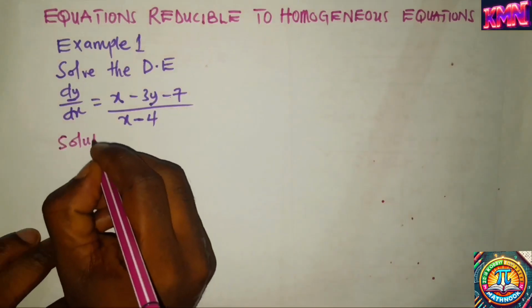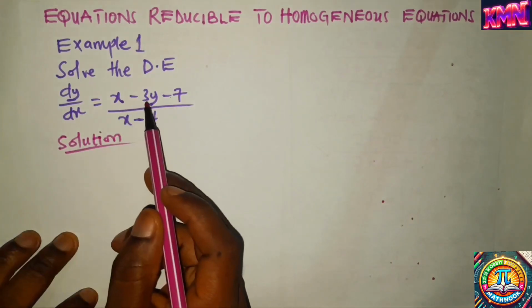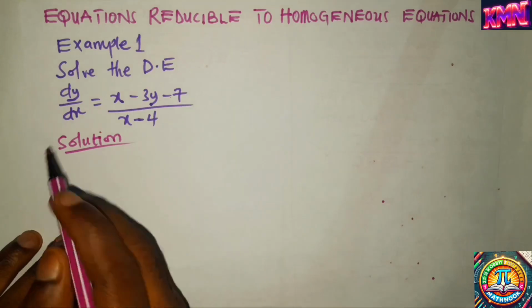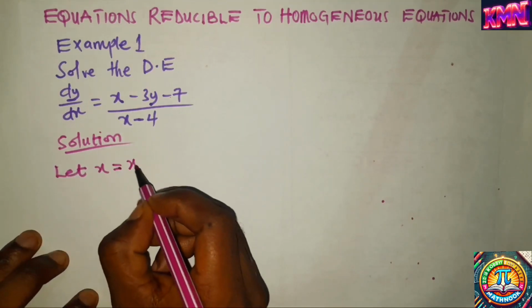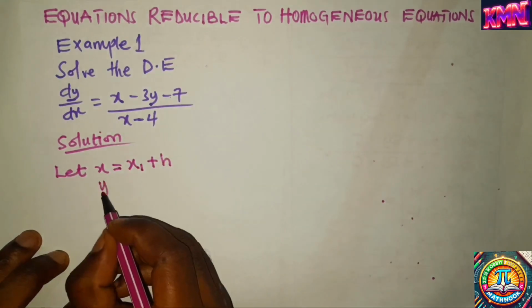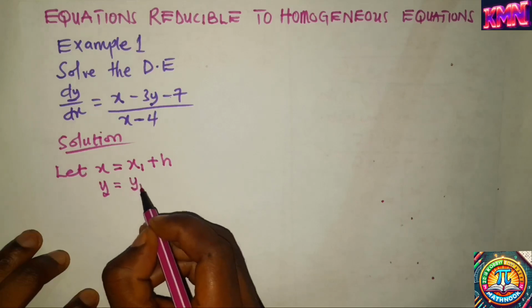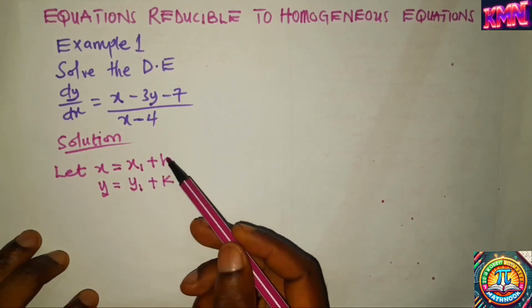Solution. So first, we are going to change the variables for x and y. So we say let the x variable now become x1 plus h. Please take notes. And then the y also becomes y1 plus k. You know that this k and h are constants.